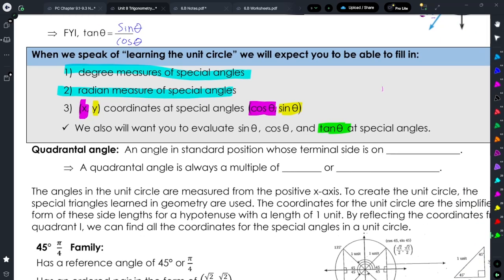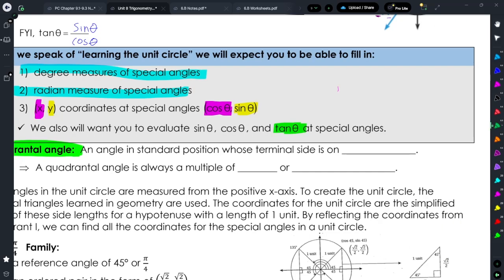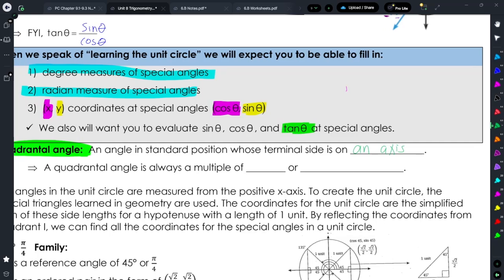Now, the next term that we need to discuss is called a quadrantal angle. We've used this before, we just haven't called it the quadrantal angles. It's an angle in standard position whose terminal side is on an axis. And the quadrantal angle is always a multiple of pi over 2, or 90 degrees.